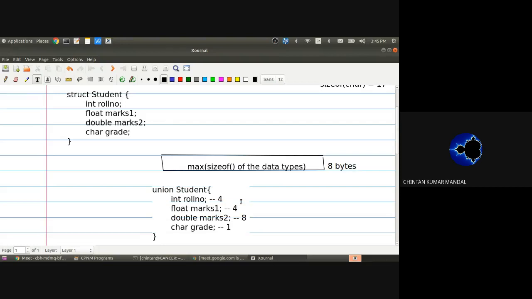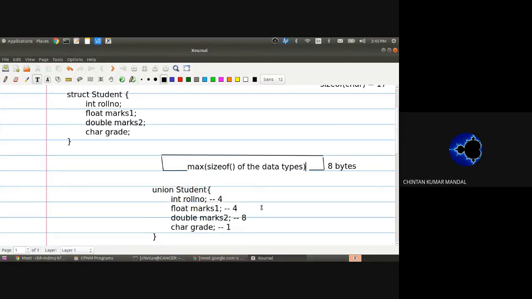And at any one time, you can only store any one of these data. Are you getting it? Yes.